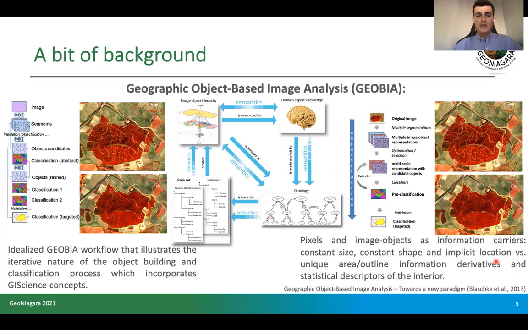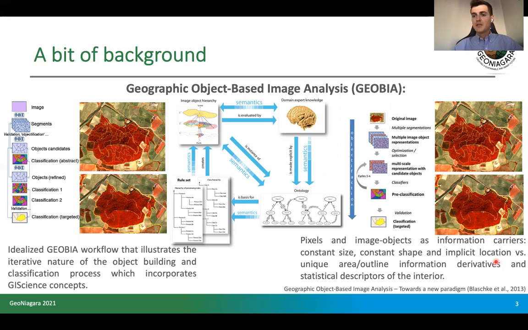The first one is the segmentation, which is the process of building image objects that are groups of pixels, and then the classification process that merges and classifies these newly formed entities into meaningful classes based on the semantics that come from domain expert knowledge.